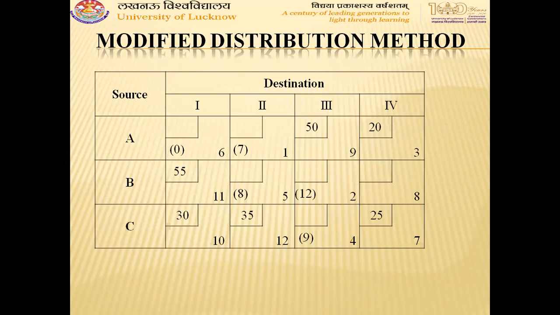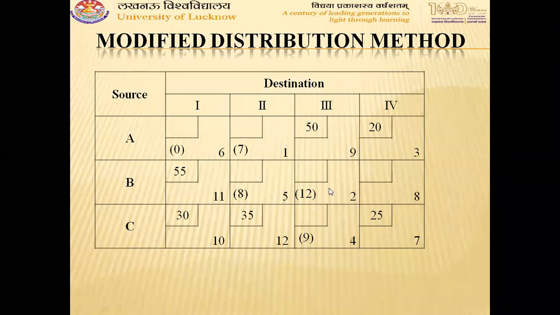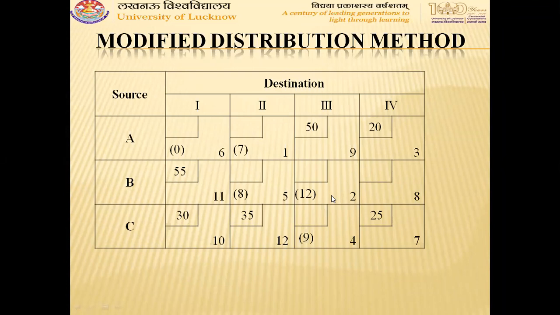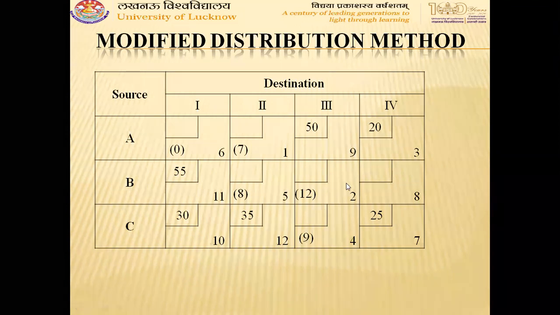So it was our calculation of net evaluation Ui plus Vj minus Cij. Now the maximum was 12, so by taking this cell, we construct a loop. I move clockwise from this unallocated cell to the next allocated cell, which is 2 comma 3, then 1 comma 3.